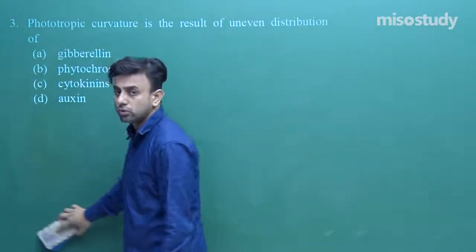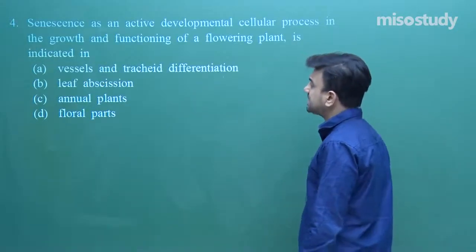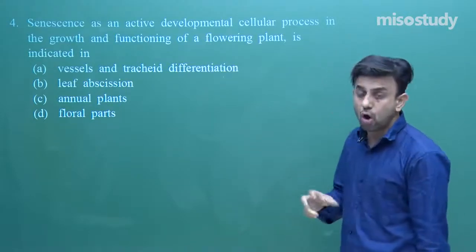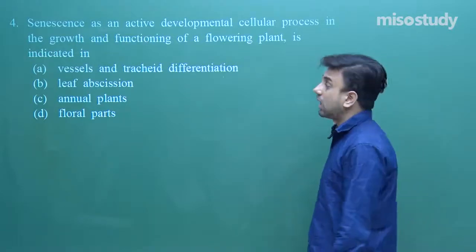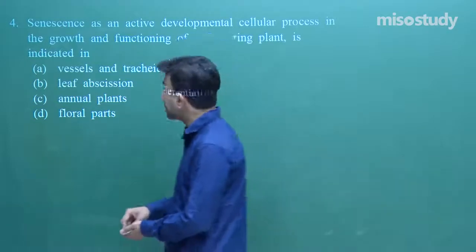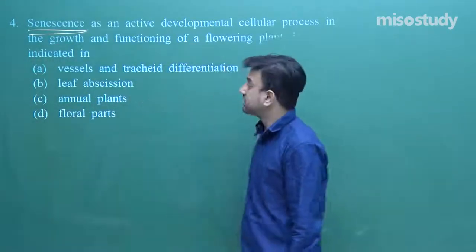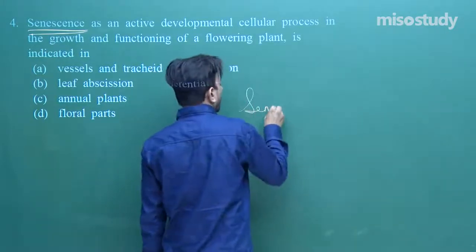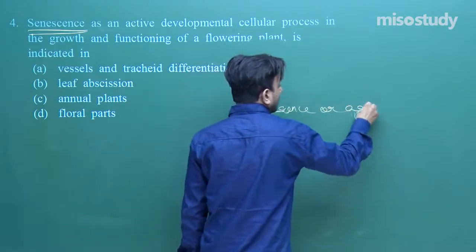Okay, let us move on to the next question. Senescence or aging as an active developmental cellular process. It is an organized deterioration process in the growth and functioning of a flowering plant, is indicated in, right. Yes, it's senescence or aging.